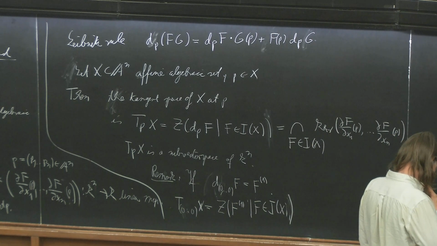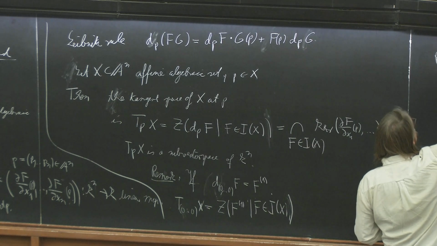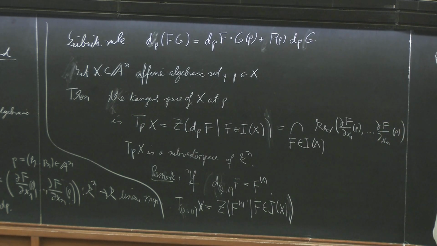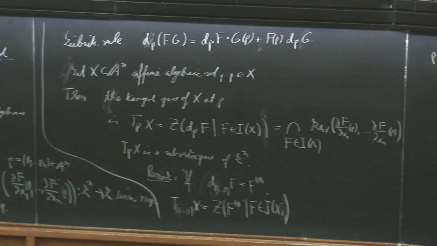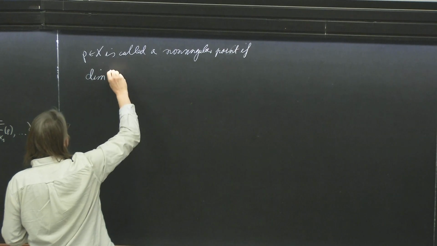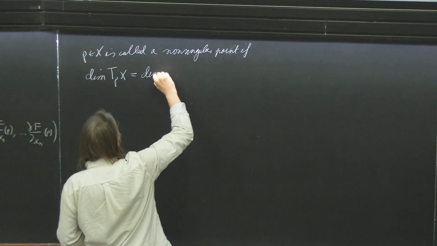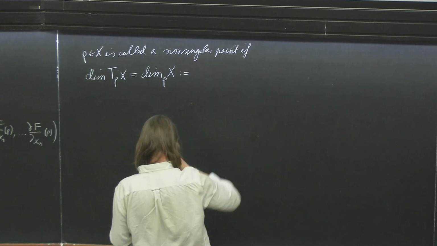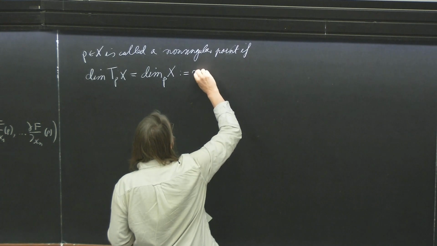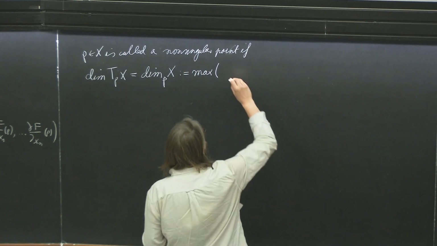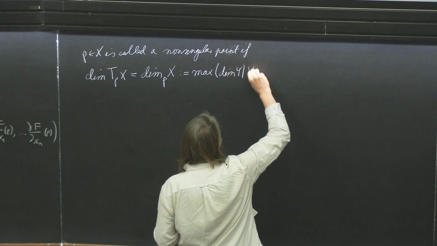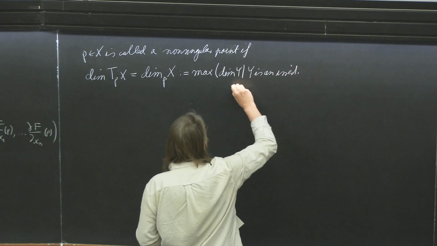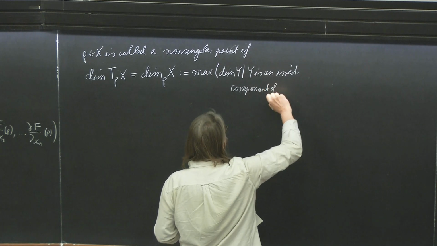So, as usual, p in X is called a non-singular point if the dimension of the tangent space as a vector space is equal to the dimension of X, well, I could say the dimension of X at p, by which I mean the maximum over the dimension of Y, where Y is an irreducible component of X passing through p.